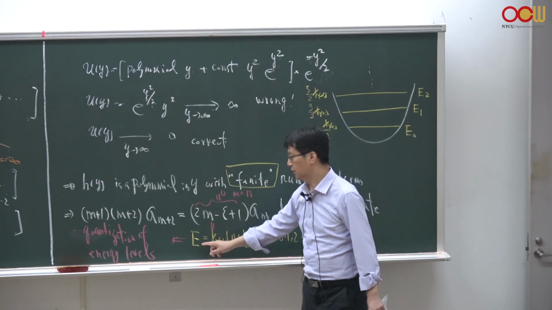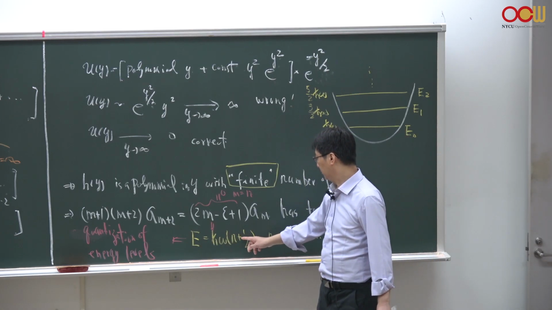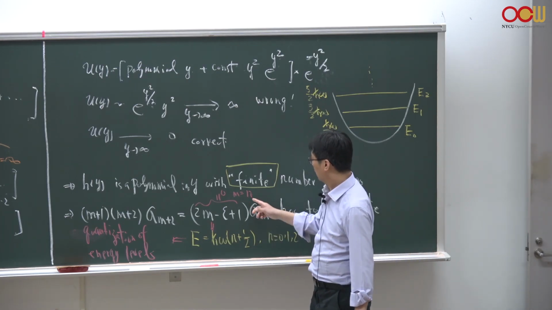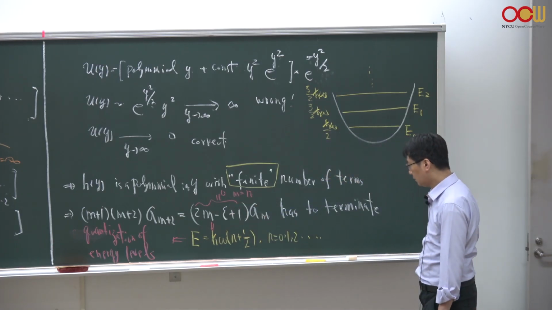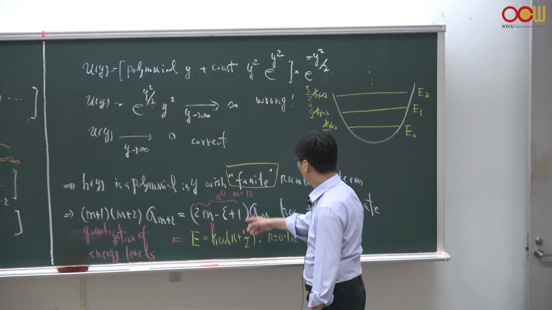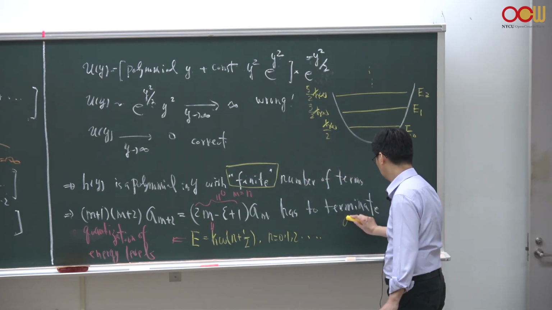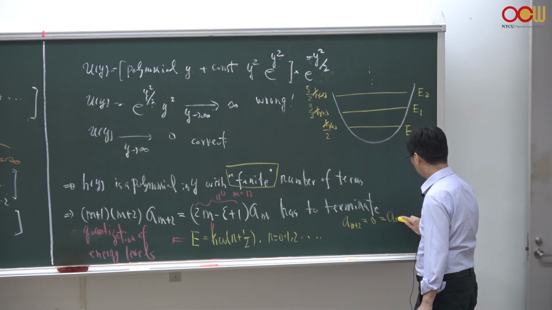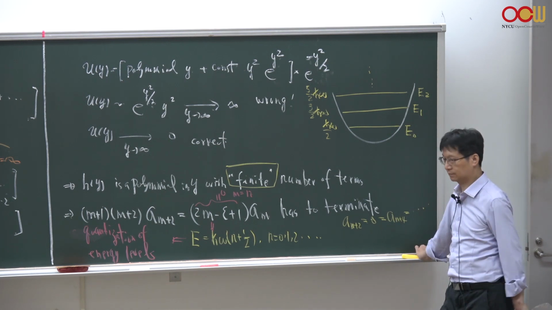Capital E is the eigenvalue. It's given by h bar omega times n plus 1/2, where n is the term when this bracket vanishes. As I mentioned, when this happens, this am plus 2 is 0, so am plus 4 is also 0 all the way to infinity.